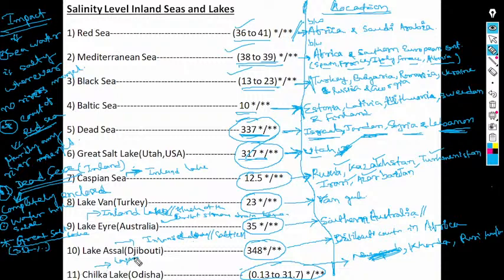Chilka Lake, Chilka Lagoon. What do you mean by a lagoon? It means it is surrounded by land mass on three sides and has one inlet that is open or connected to the sea.